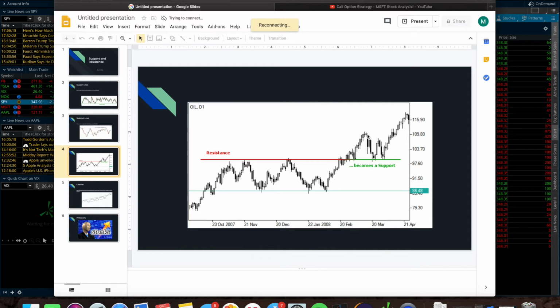And then when we drop again, we don't drop down to the first support of 86.48. You notice how we drop down to the original resistance line and we bounce off and then we hit the resistance line one more time. So now this resistance line becomes the new support just because we're bouncing off of it and we're making higher highs. So that's how resistance can become new support, and the same can go as support becoming the new resistance.